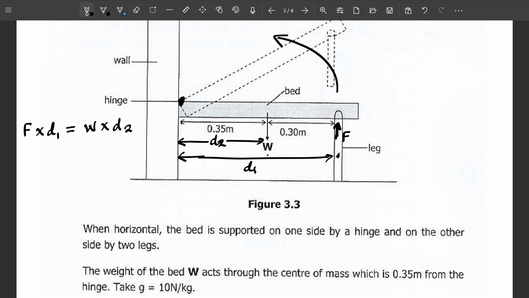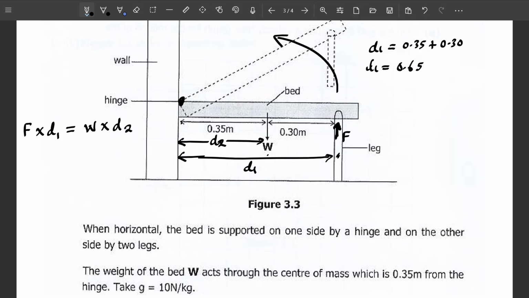So you find that D1 will be a total of 0.35 plus 0.30. When we add these, we get 0.65 for D1. Then this D2 is just 0.35.